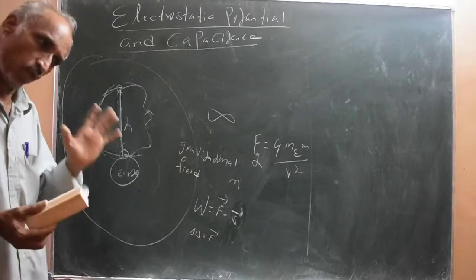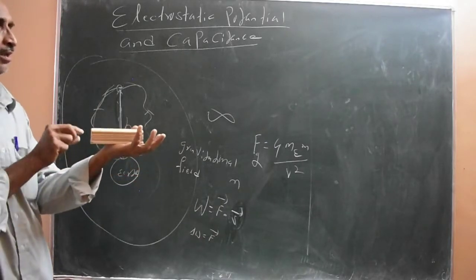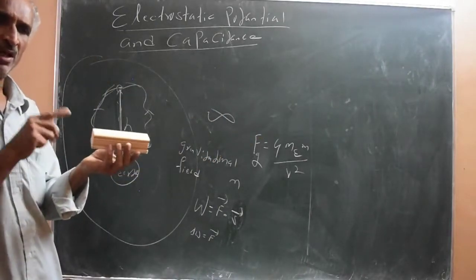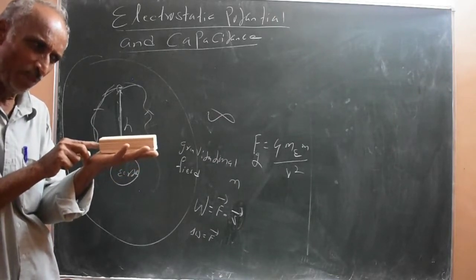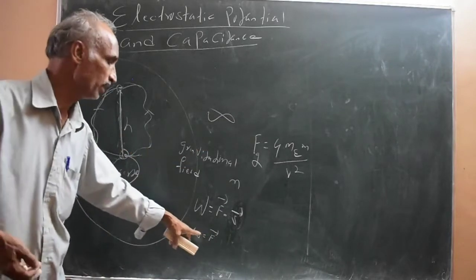I displaced 10 meters, so while displacing 10 meters I have to apply some amount of force, and if it is displaced by 1 millimeter, that same amount of force is necessary.